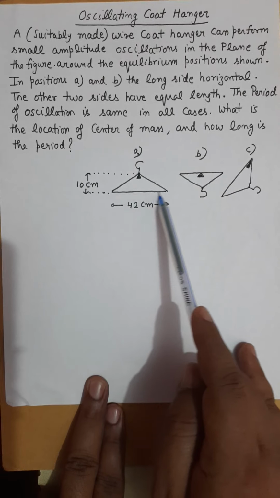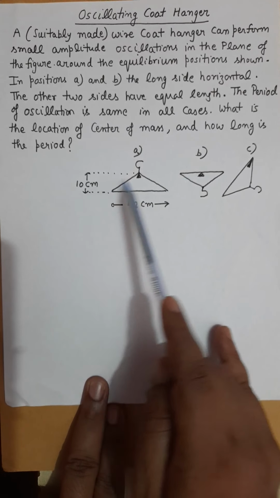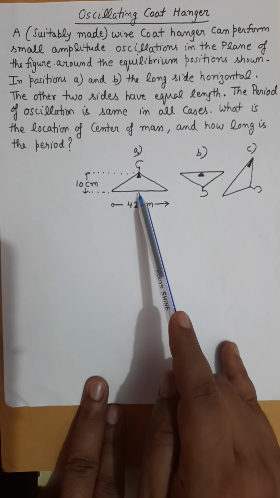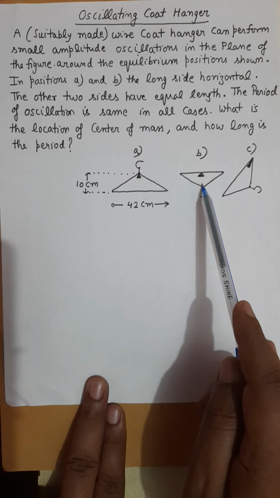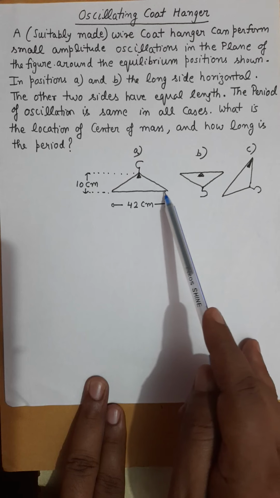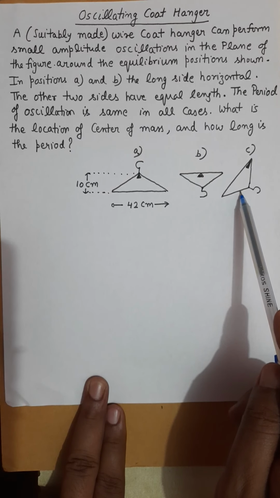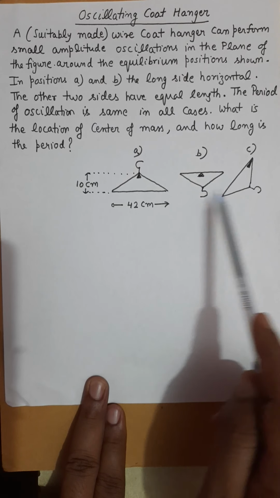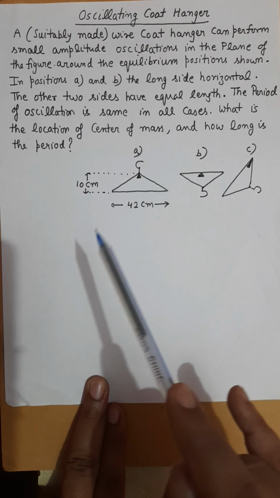The length of the longer side is given as 42 and the height of the triangle is 10 centimeter. The same hanger is here in different orientations, and in all three it is oscillating with the same time period.